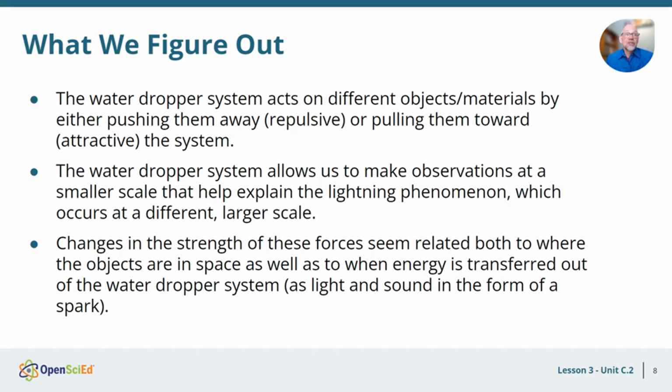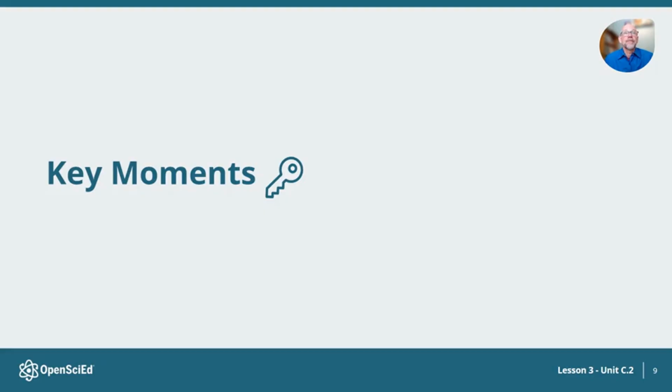We arrive at the understanding that the strength of the forces is related to where the objects are relative to the water dropper system. And lastly, that these distance forces decrease or disappear from the system when the movement of the spark appears, and then strengthen over time until the next spark.